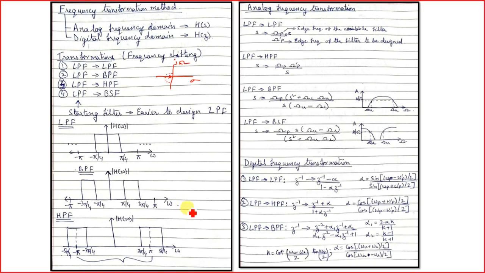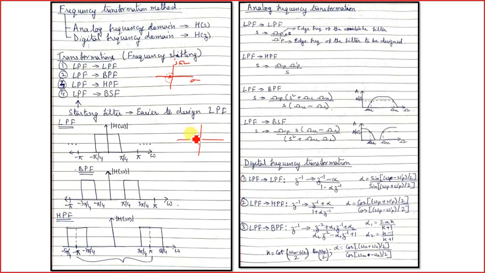In our Butterworth filter designing, we have seen the filter poles. When we design any filter, the poles are present as conjugate poles, right? So what does that mean?